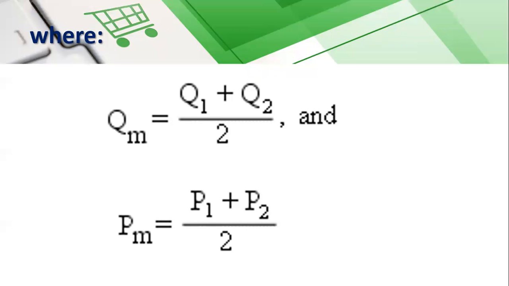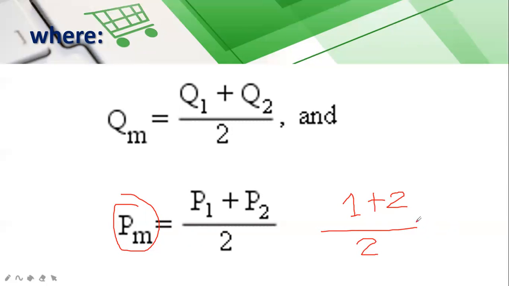Okay? So it's the same as earlier, guys. Here, we just gave it more emphasis, or a process, to make it look better. We can get the original price, or the midpoint price. For example, if it starts at $1 and then the second price is $2, the sum is 3 divided by 2, so we have 1.5. So our midpoint price is 1.5. And then the quantity demanded: this is the first quantity demanded, and this one is the second.